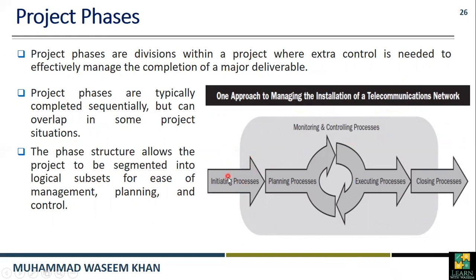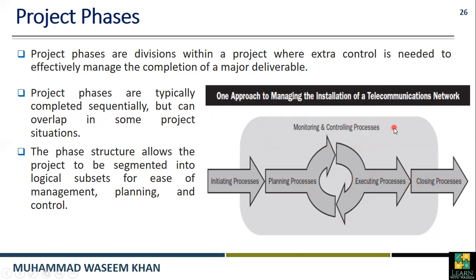Remember that initiating process, planning process, monitoring and controlling process, executing process, and closing process are not the project phases. These are the project process groups. These are not the phases.